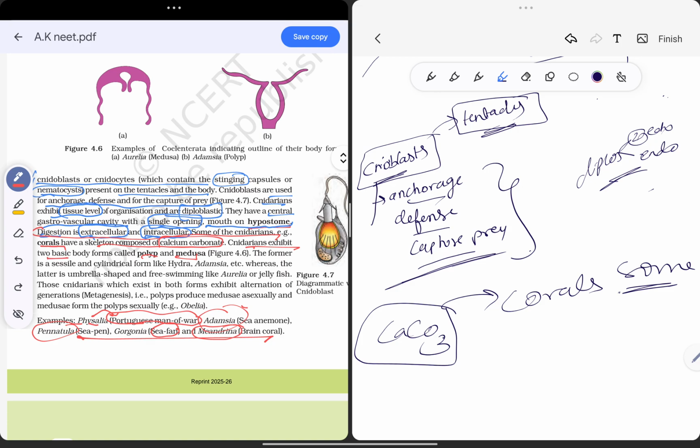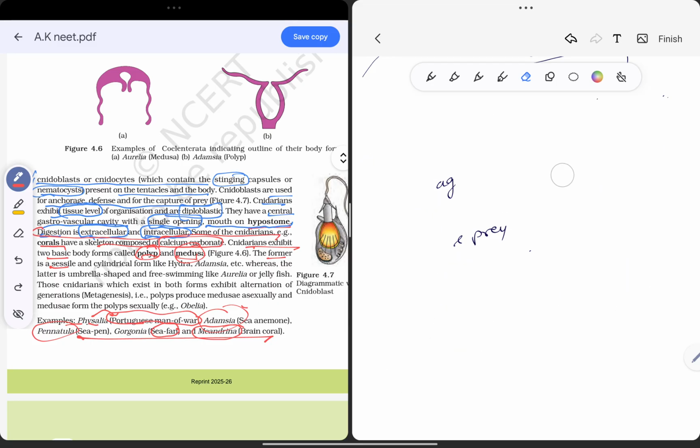Cnidarians exhibit 2 basic body forms, the polyp form and the medusa form. The former, the polyp form, is the sessile form. What does sessile mean? I told you, it is a fixed form, it does not move.